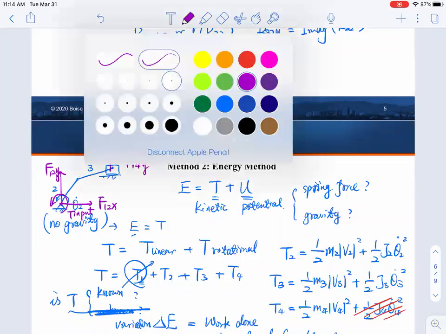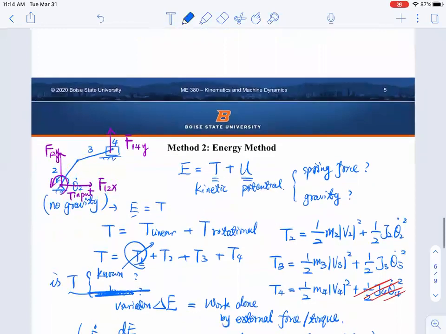All right, so let's see how much power they each generate. Your F12, because your O2 joint is fixed, you're applying a force to a fixed point, so you're not going to do any work. So these two forces give you no power. This one, F14 Y, is a force, but it's also moving.